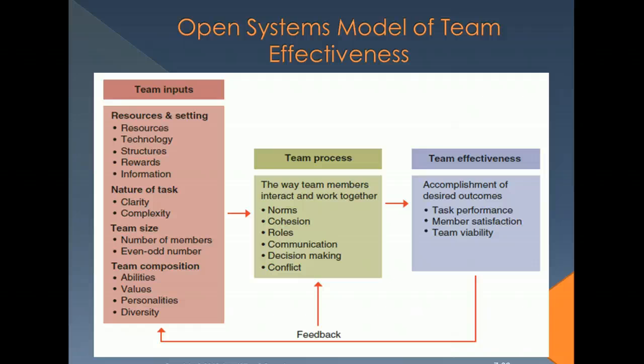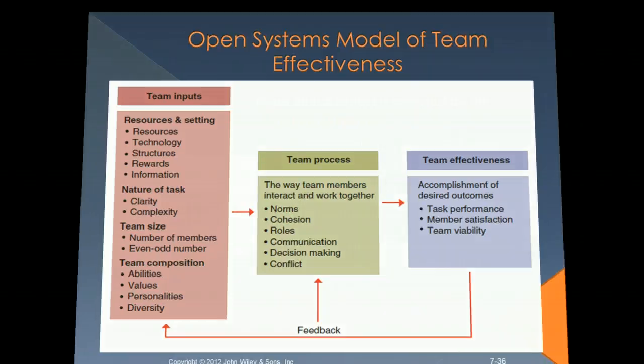And then the process gains minus the process losses is basically going to be the team effectiveness. So did they accomplish their tasks? Are the members satisfied? Is the team viable to move forward? And then, if they get their next task, the feedback from the effectiveness goes back into the team inputs and it sort of starts over again.